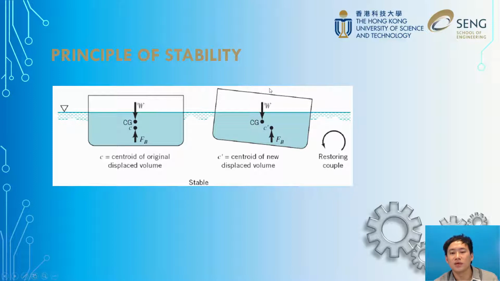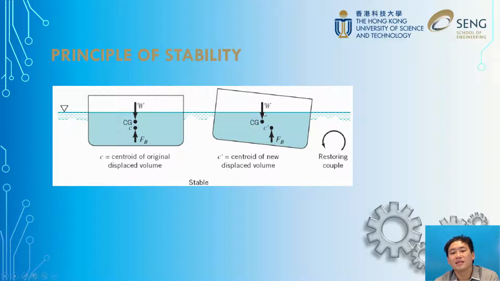If the water distribution did not change, then the center of buoyancy would move to the left hand side. But in the vessel situation, because now you have more water towards the right hand side, the center of buoyancy will not move to the left hand side, but instead it will move to the right hand side.